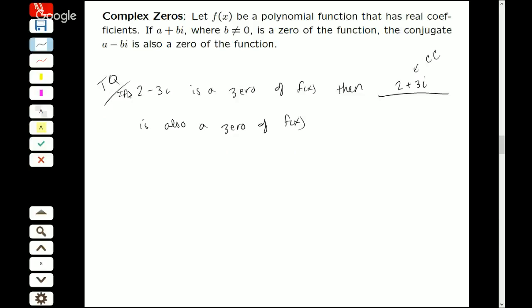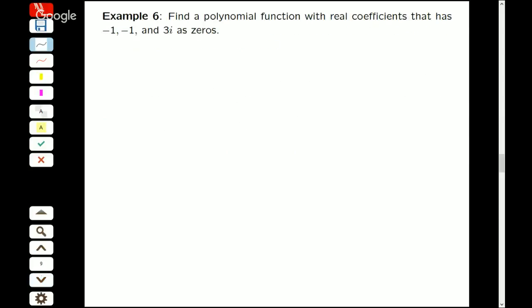Okay, let's continue. Find a polynomial function with real coefficients that has these as zeros. We have done this already. Remember, you subtract off each of these zeros. And then I have x minus 3i.